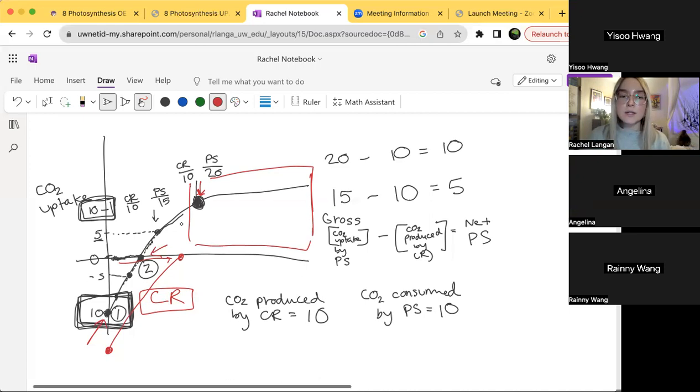Increasing photosystems would increase the light reactions and change the slope. And maybe she was saying increasing the photosystems wouldn't affect the Calvin cycle. Oh, okay, I see.